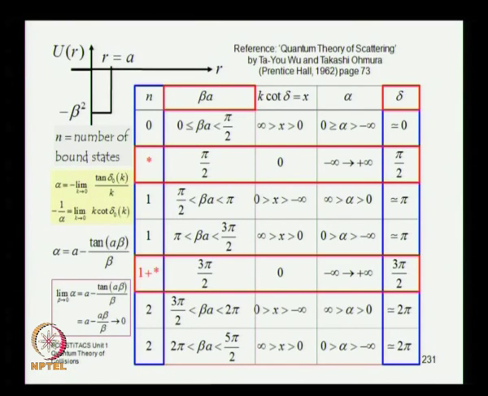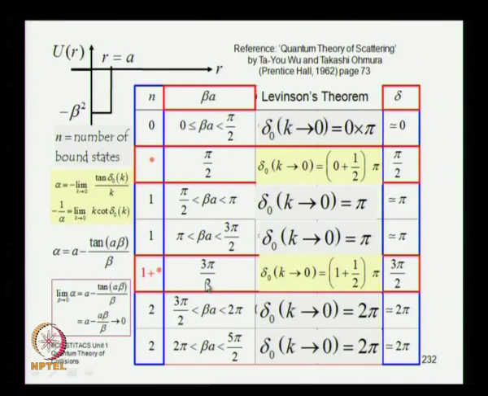We have seen that in the solution, that the next bound state is what you get when the strength parameter changes from pi by 2 to 3 pi by 2. That is when you get the next bound state, and at this the phase shift becomes 3 pi by 2. So, the phase shift goes from 0 or it is pi by 2 or it is pi or 3 pi by 2 or it is 2 pi in this case when the number of bound states is 2, when this parameter exceeds 3 pi by 2 and so on.